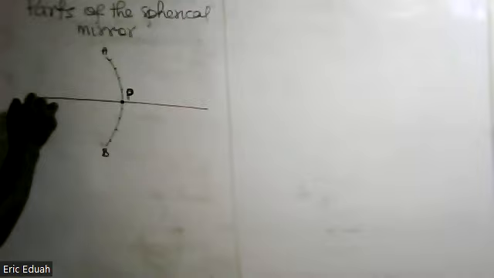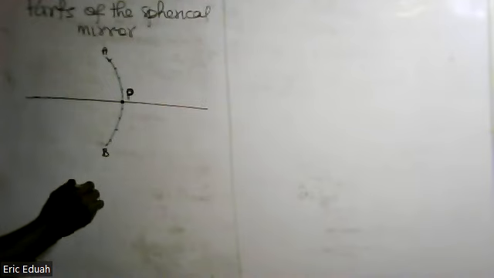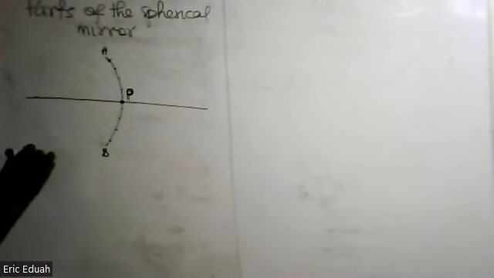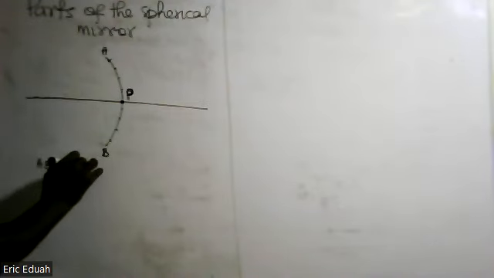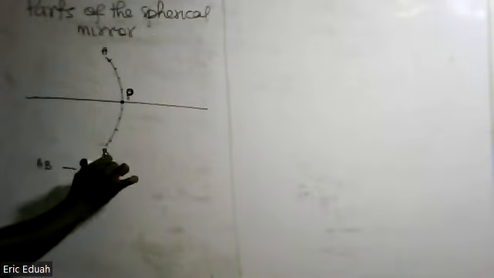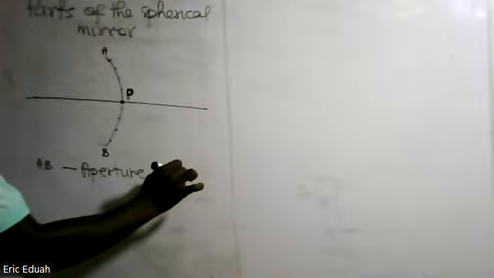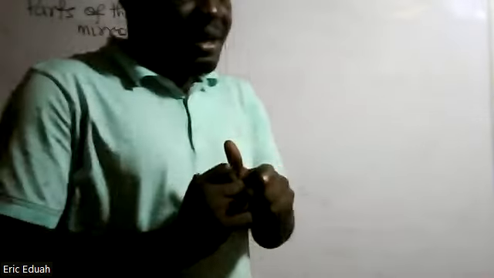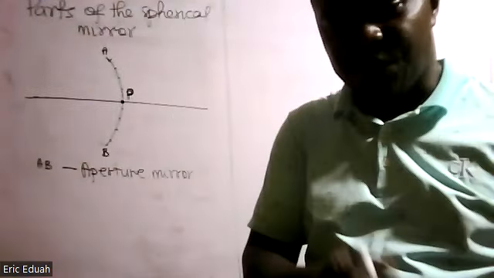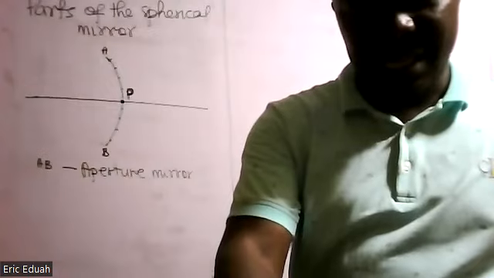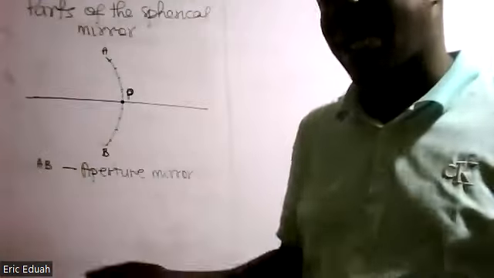So we have this width of the mirror labeled AB. AB is known as the aperture of the mirror. AB will say is the length or the size of the mirror, but technically we refer to it as the aperture of the mirror.